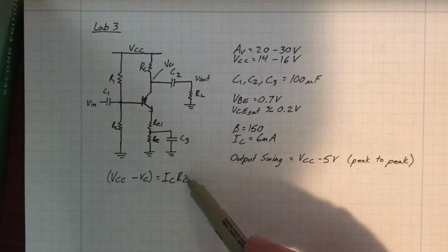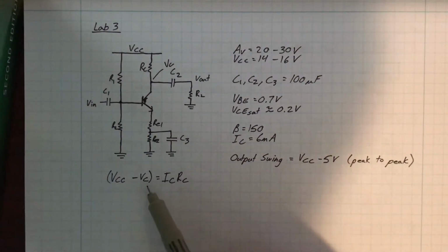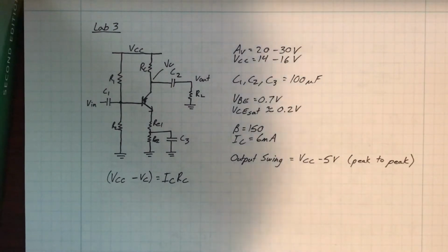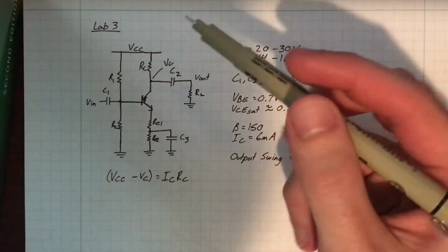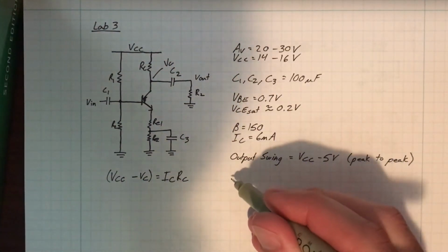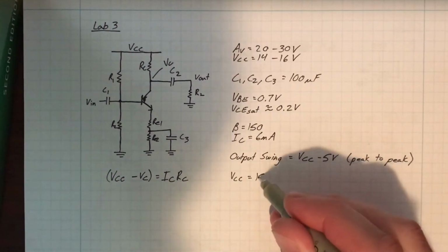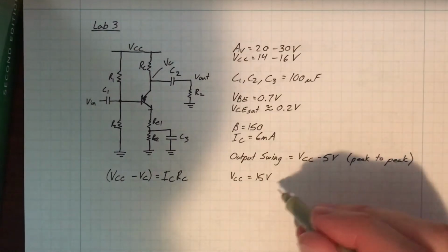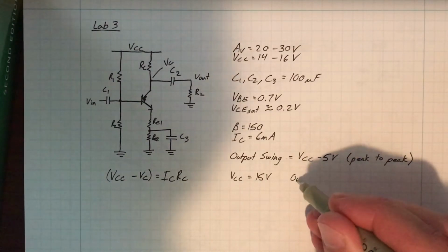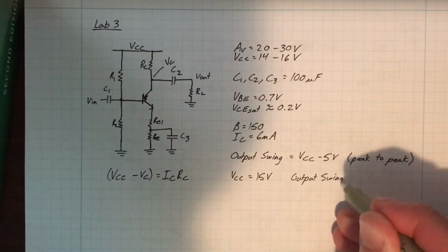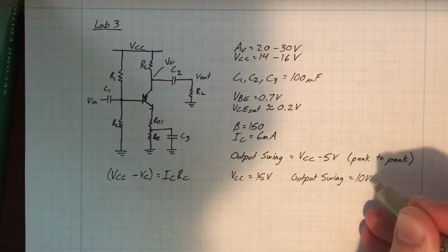And we need to choose RC to satisfy this equation, but we need to choose what VC will be. So, for example, if VCC equals 15 volts, that means our output swing equals 10 volts peak to peak.